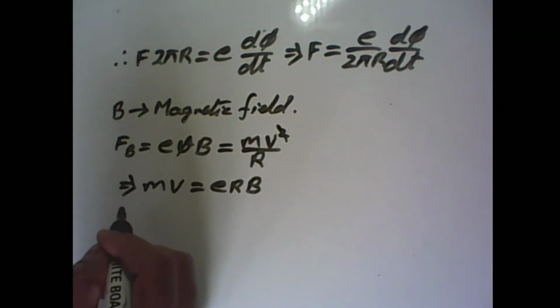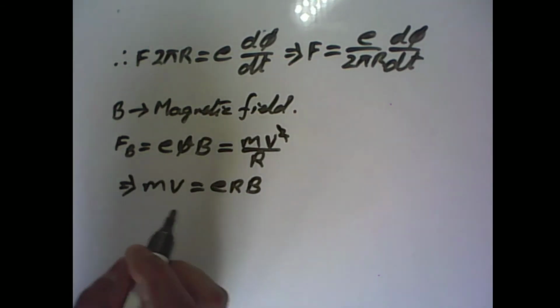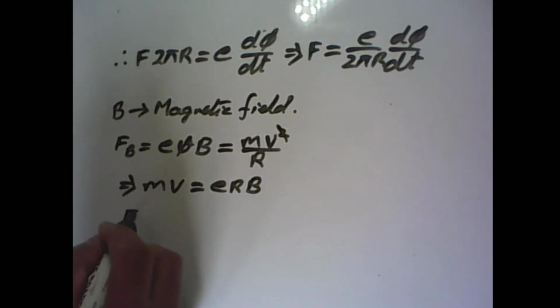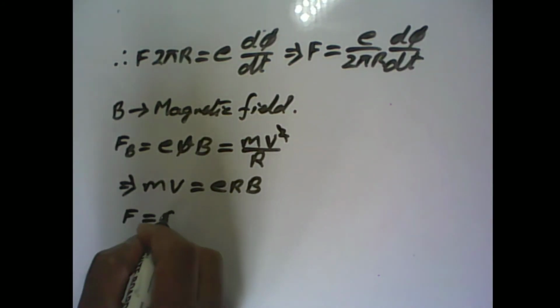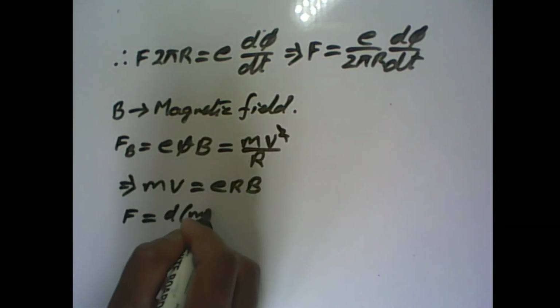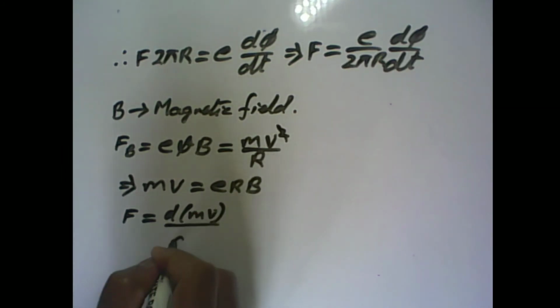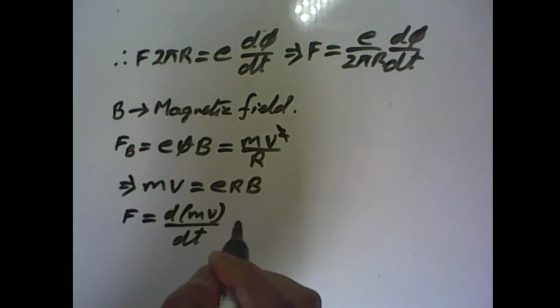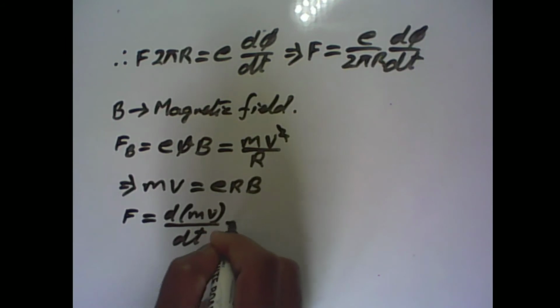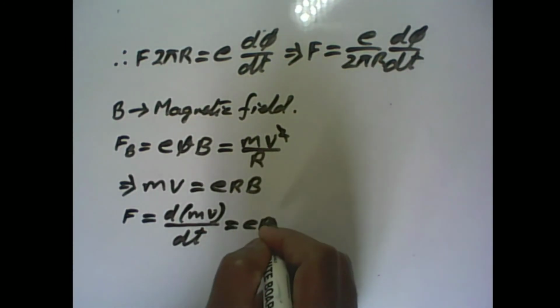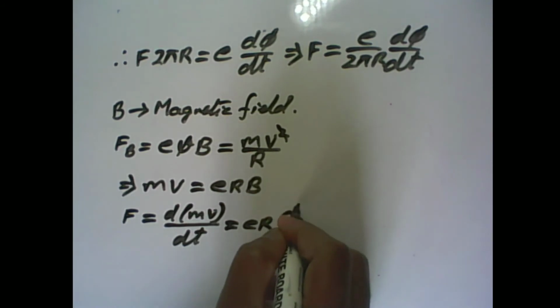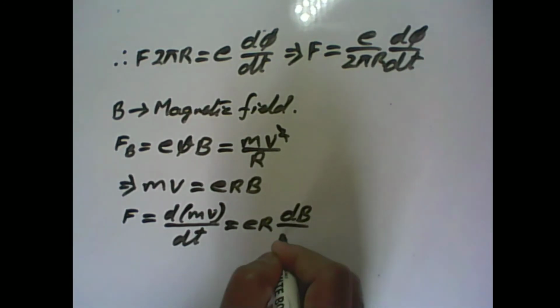So we can find an expression for the force experienced by the electrons, which is giving rise to the change in its velocity. This force we can write as d(mv)/dt, that will be equal to er dB/dt. We know that the radius we need to keep constant, so we are keeping it constant.